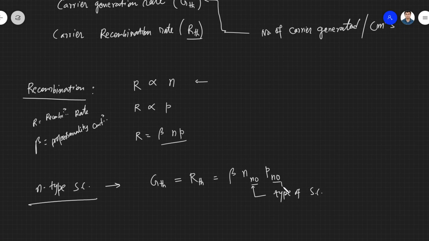And the second term, 0, defines the condition: 0 means at thermal equilibrium. I hope this is clear now. So for an n-type semiconductor, obviously n_n0 will be much greater than p_n0, because it's an n-type semiconductor.